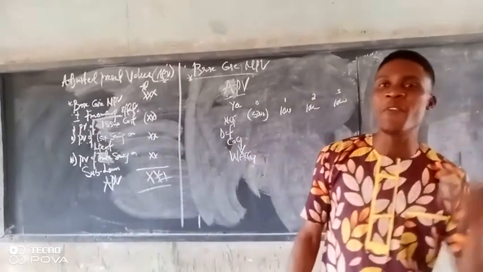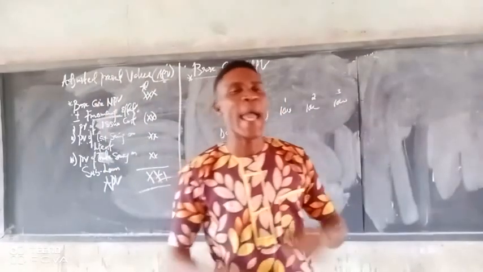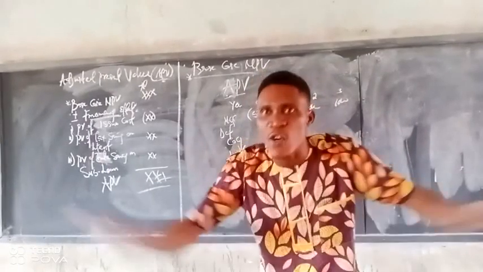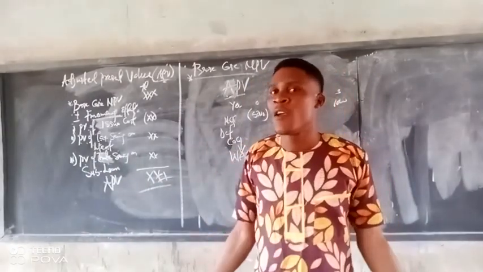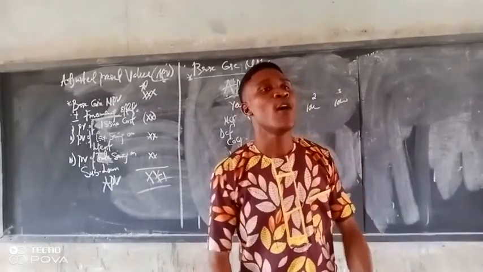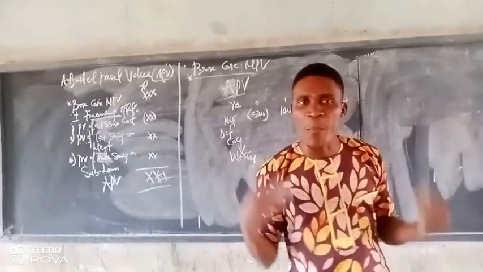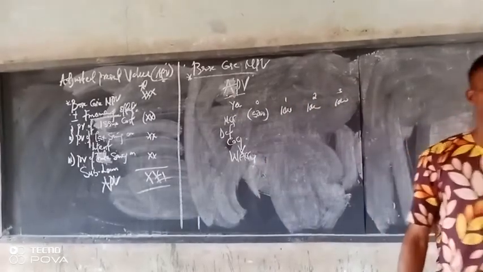Yes. Base case NPV is computed as if the company is ungeared. So when a company is ungeared, what are you looking for? The WACC of an ungeared company. So you compute your NPV assuming the company is ungeared. Base case NPV.